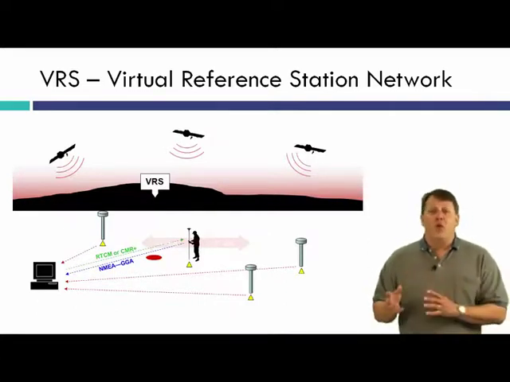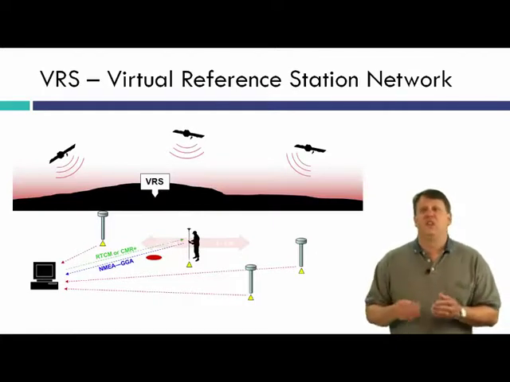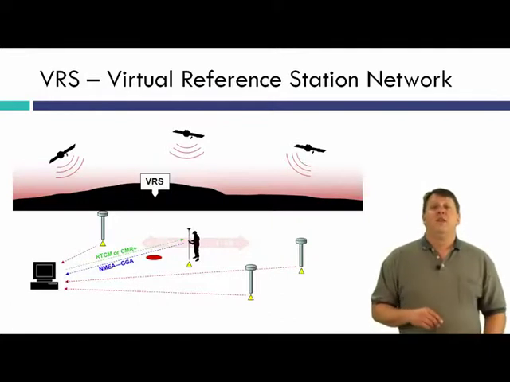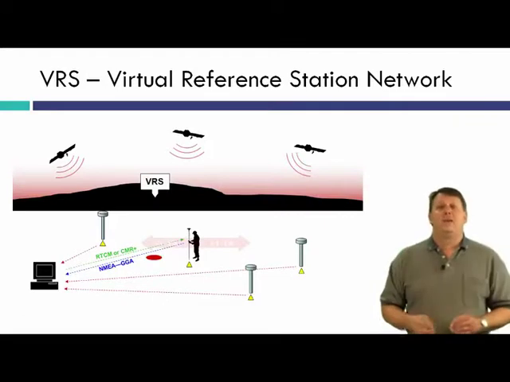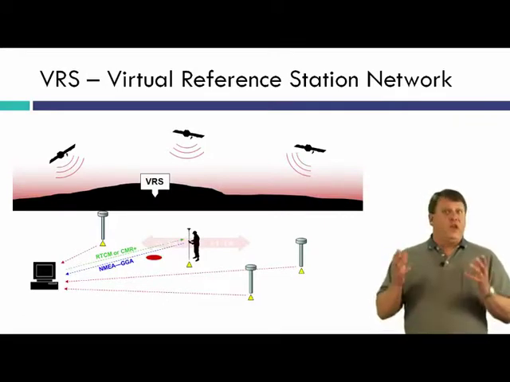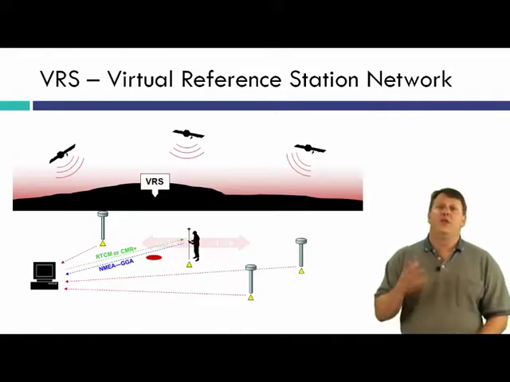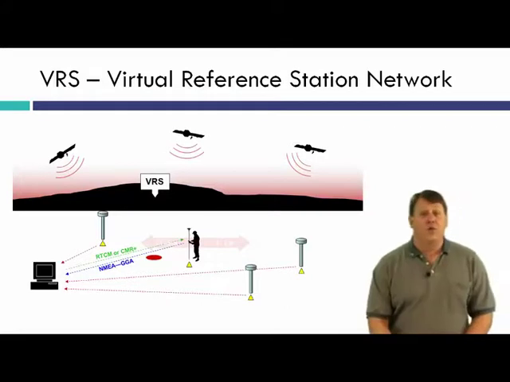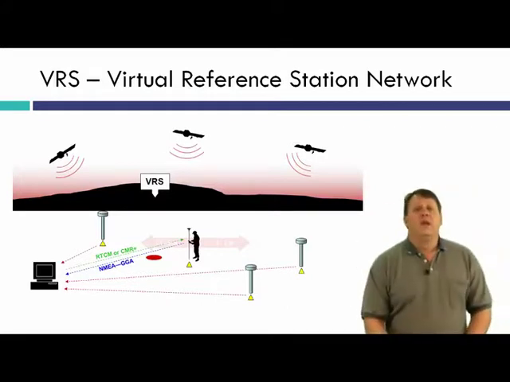With our rover, we have it connected to the internet using some type of cellular connection, such as a cell phone or a mobile Wi-Fi hotspot. Then what happens is the rover sends its position back to the base. The server sees where we're located and uses the surrounding base stations to develop all the corrections and send them back to us at the rover. Therefore, we're getting all of our data corrected in real time.